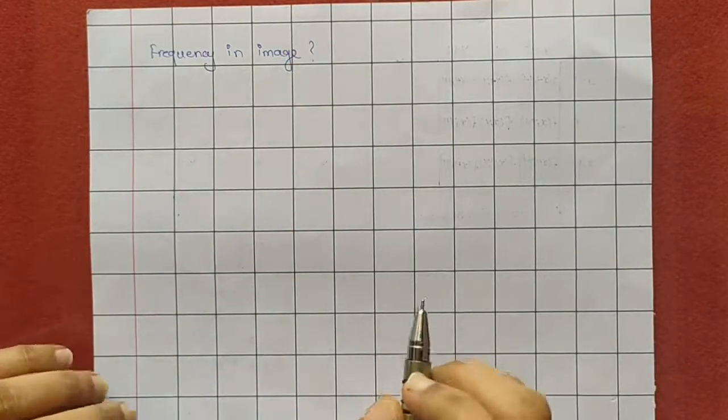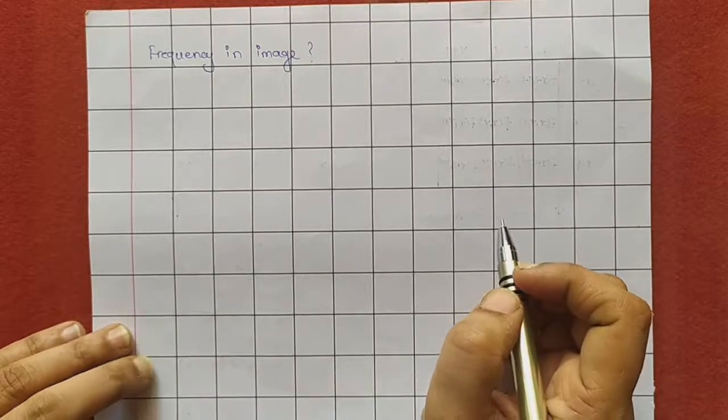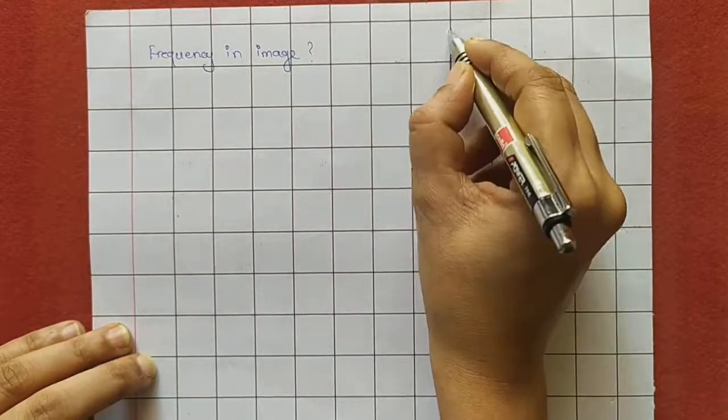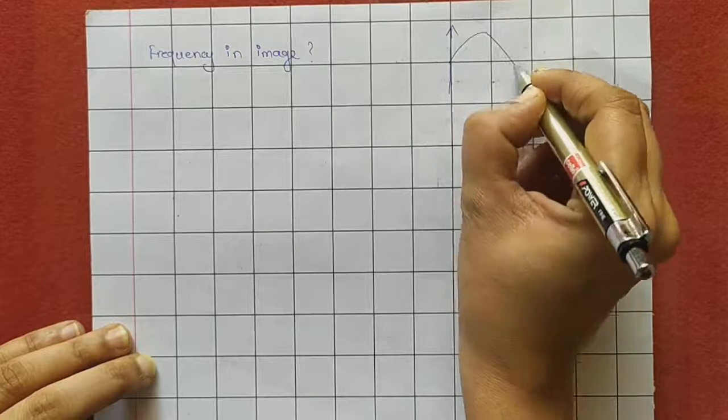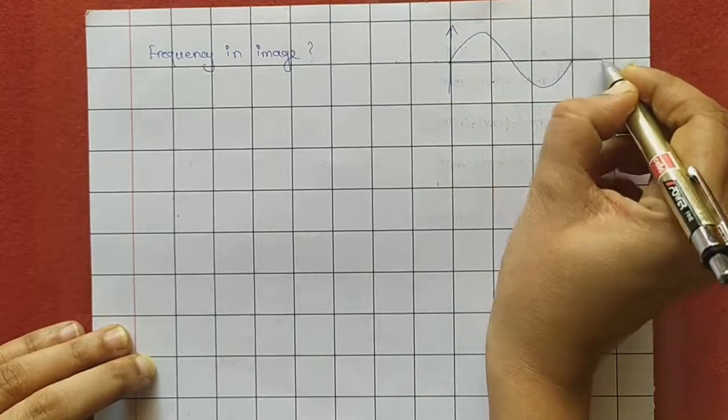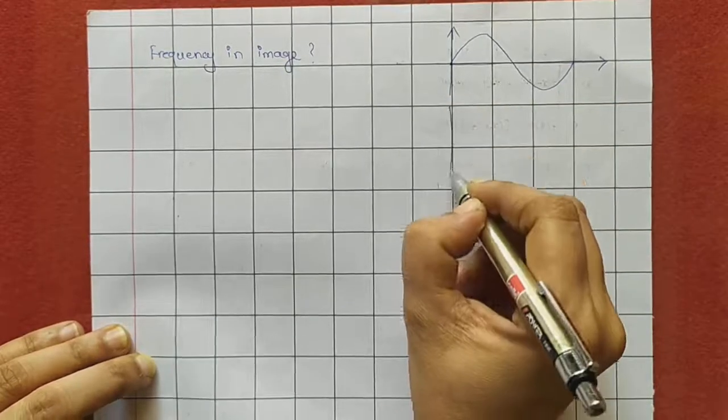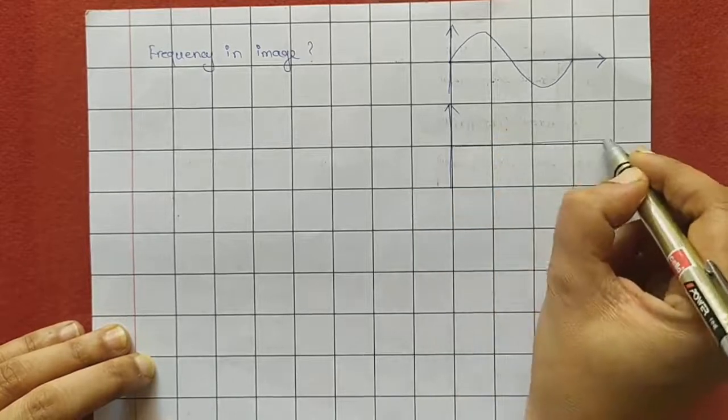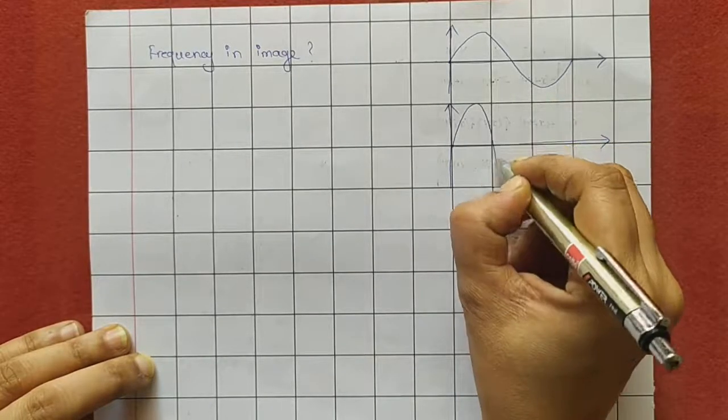Before that, let's consider the frequency for a one dimensional signal. Here I'll draw two signals like this. This is one signal, and here I'll draw another signal like this.